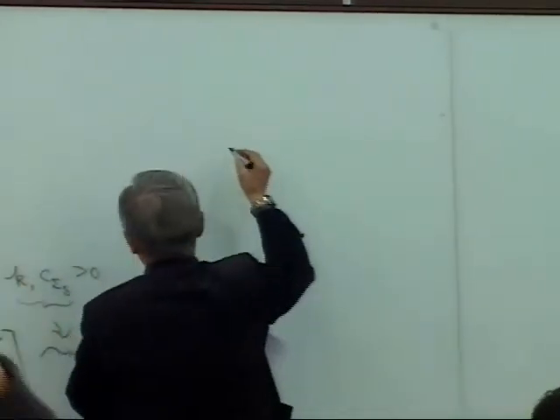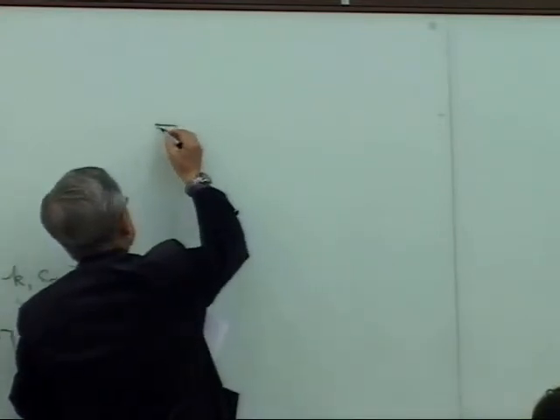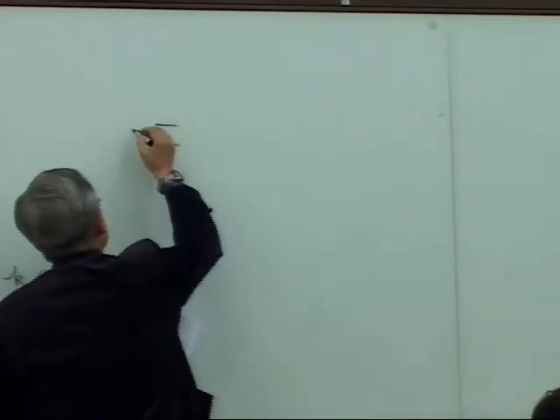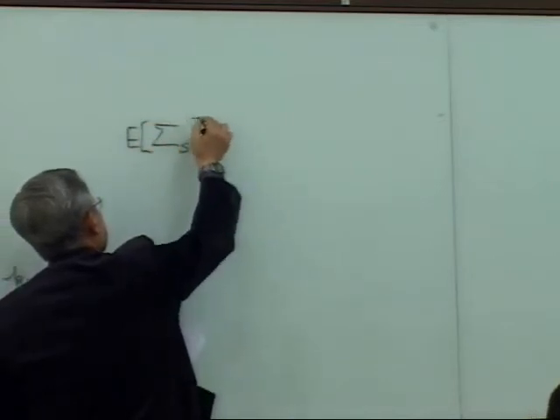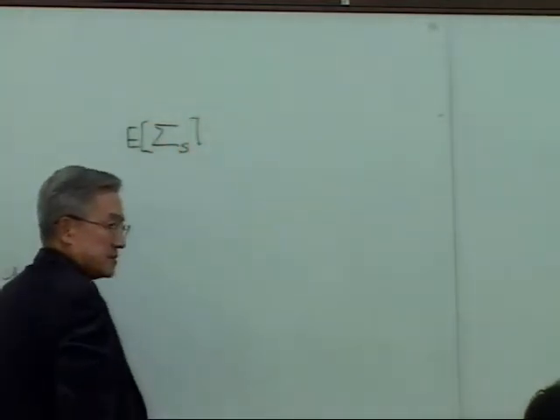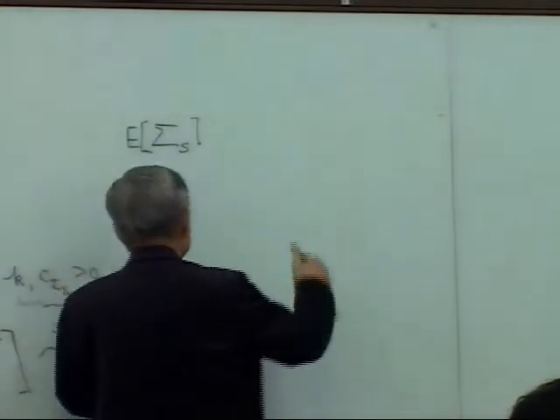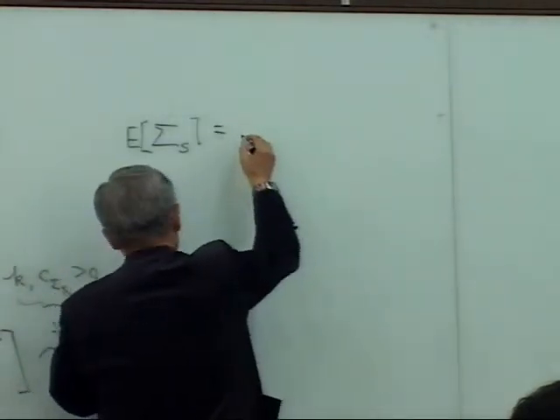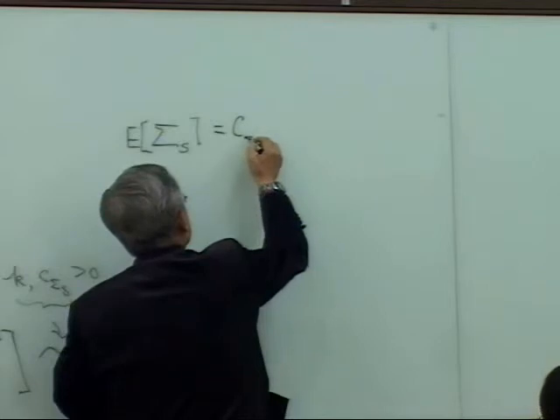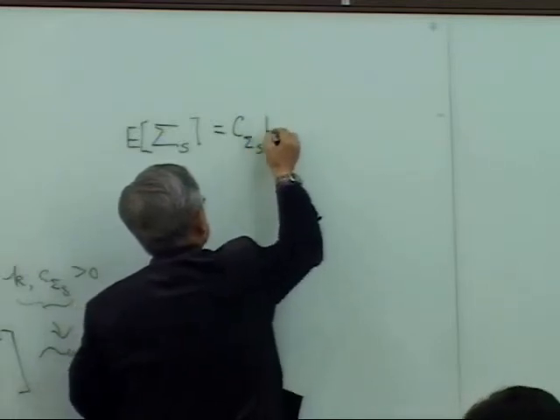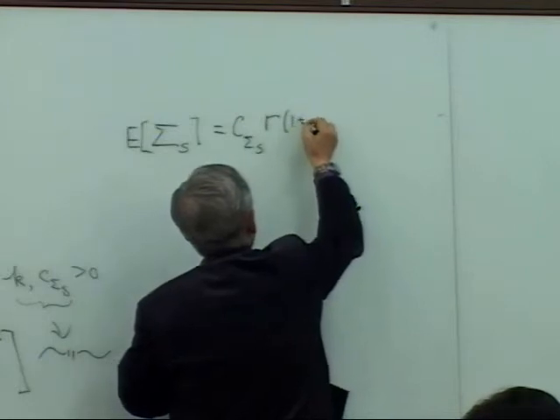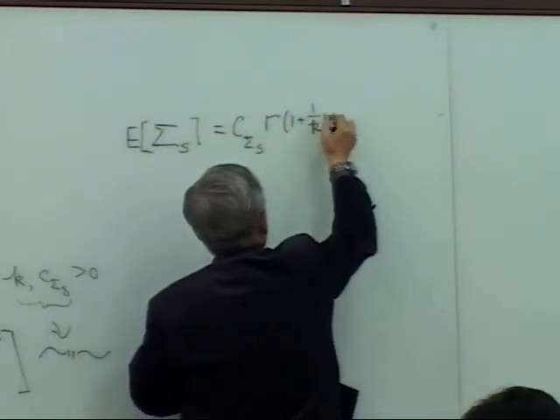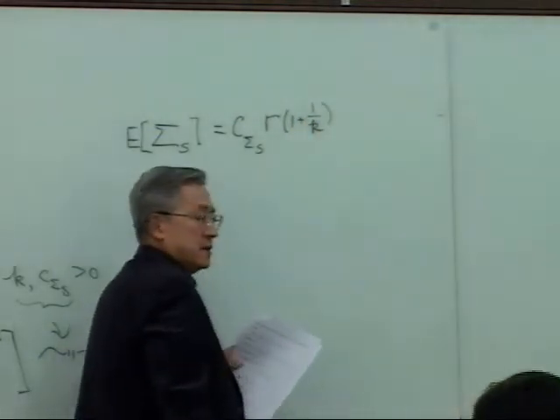Okay, so here is a mean. Mean of sigma S is equal to C sigma S times gamma function, 1 plus 1 over k.